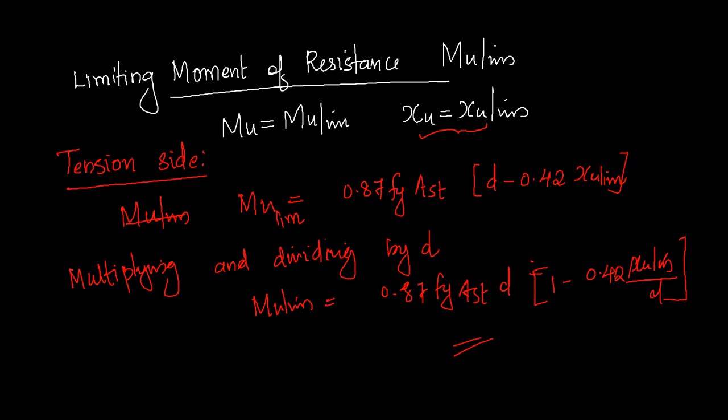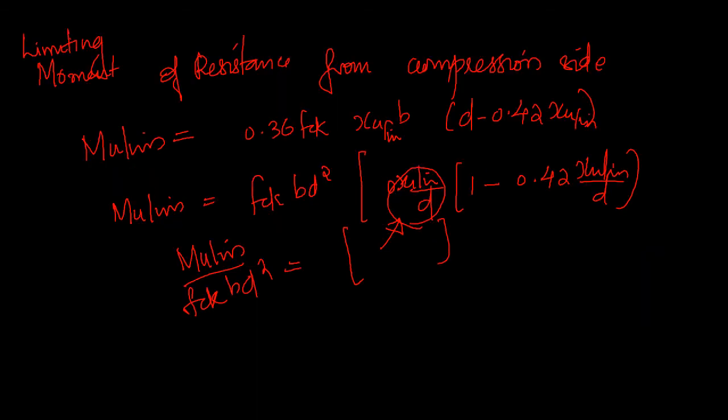Then what we now have to derive is the equation for the limiting moment of resistance from the compression side. Again Mu limit, now the expression is 0.36 fck xu b into (d minus 0.42 xu).